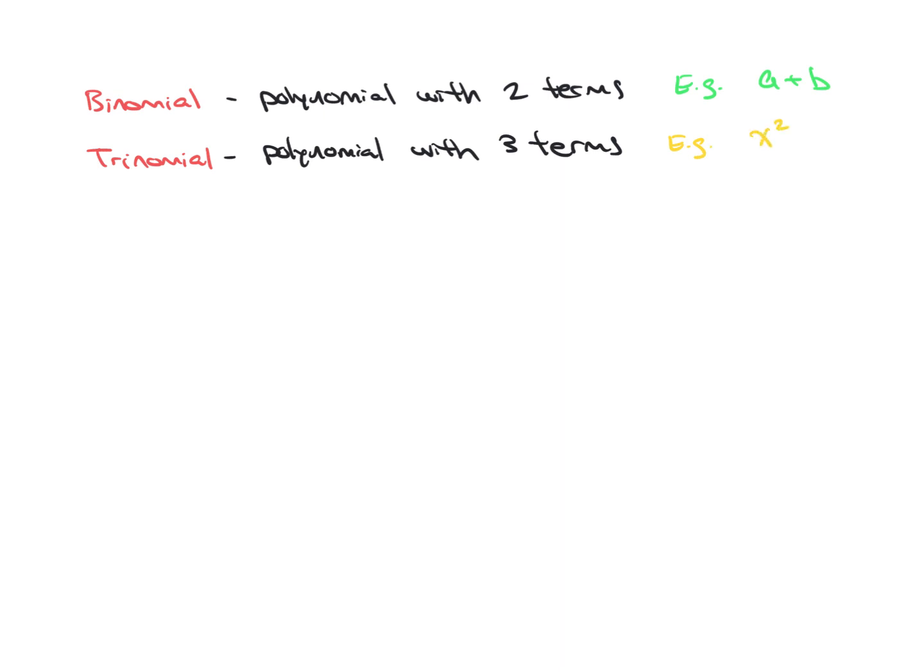Something like this, x squared plus 5y plus 4. So that's an example of a trinomial. It's got 3 terms. X squared is 1 term, positive 5y is the 2nd term, and positive 4 is the 3rd term. That term is called a constant.